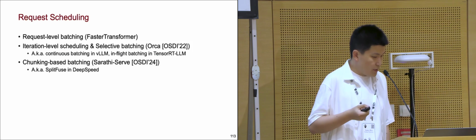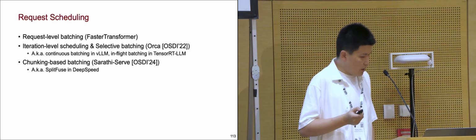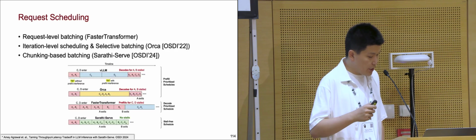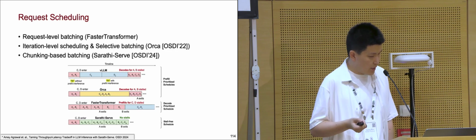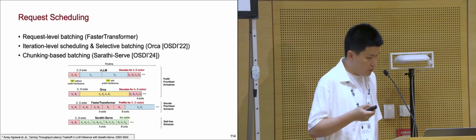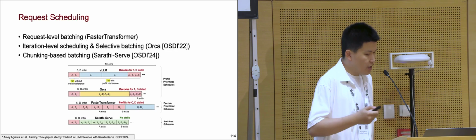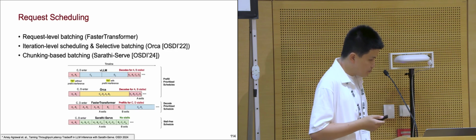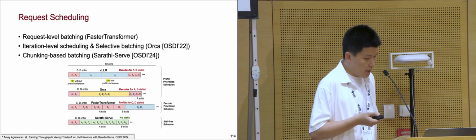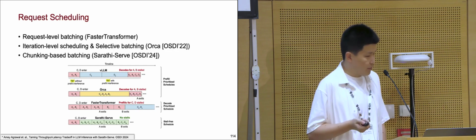The next part of the system optimization is called request scheduling. Request scheduling for language model serving shares some commonalities with general machine learning serving techniques, and they both aim to efficiently manage incoming requests and optimize resource utilization. Some early language model serving systems like FasterTransformer only support request-level scheduling, which is similar to prior approaches.